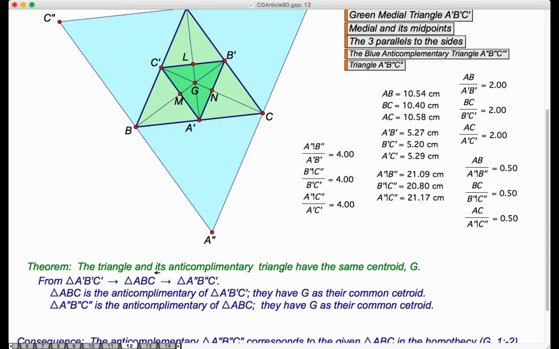So the triangle and its anti-complementary will again have the same centroid. So I can think of it from a medial triangle to the original triangle to the anti-complementary triangle, okay? And then we can say the triangle ABC is the anti-complementary of triangle A prime, B prime, C prime, and therefore they have the same point G as their common centroid.